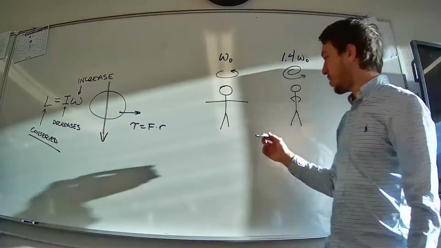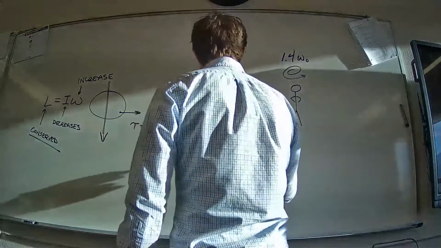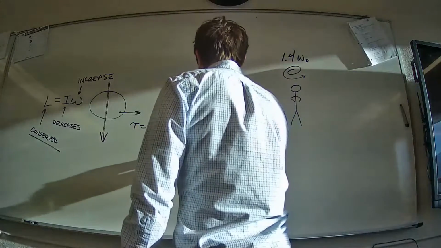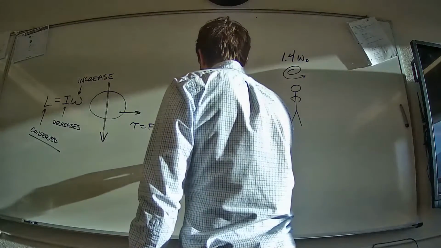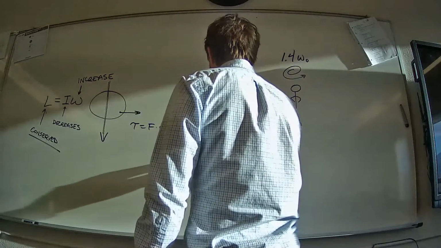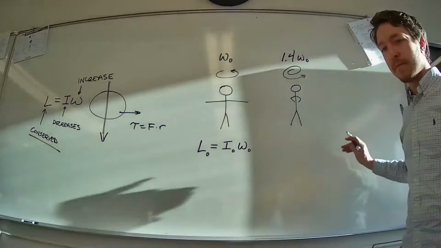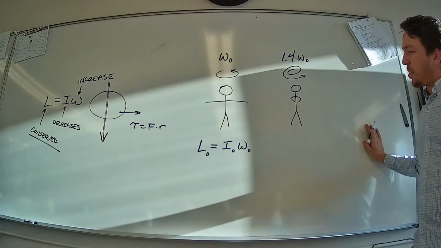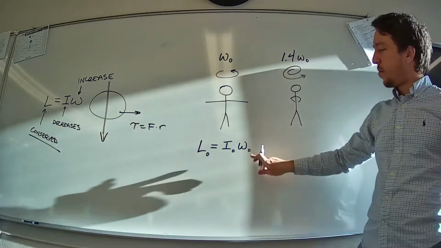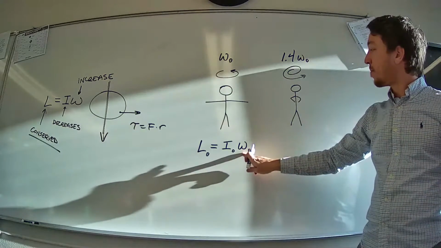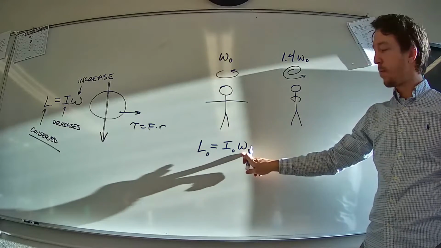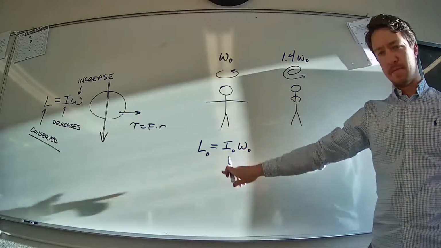So let's see. L equals, so his initial angular momentum is his initial I value times his initial omega value, right? So here's the thing. What happens if you are multiplying this number by 1.4? What has to happen to this number?